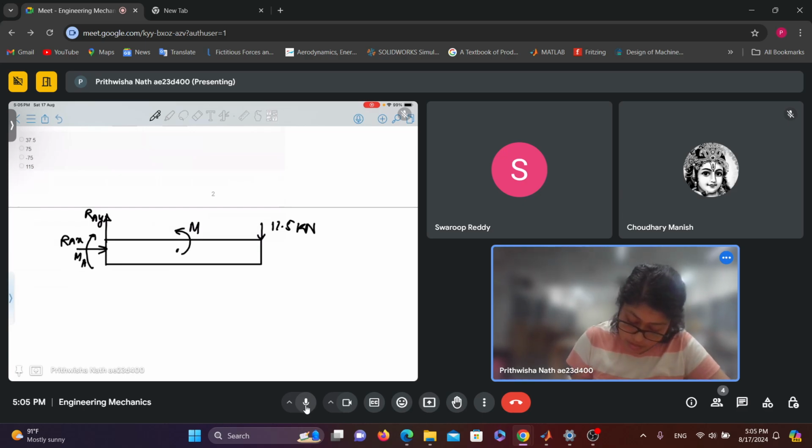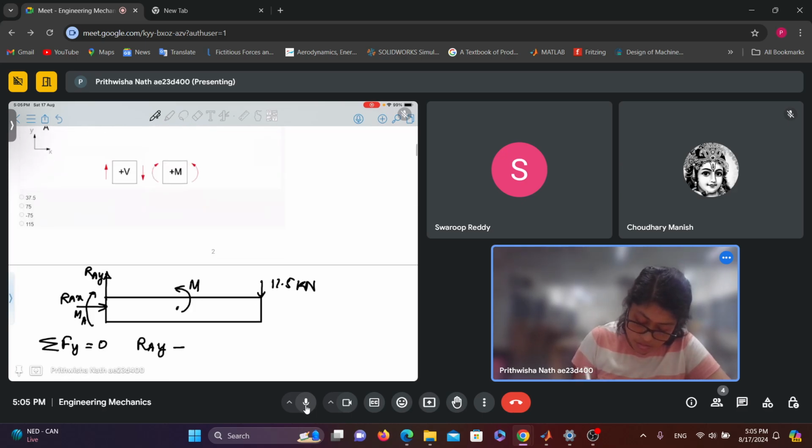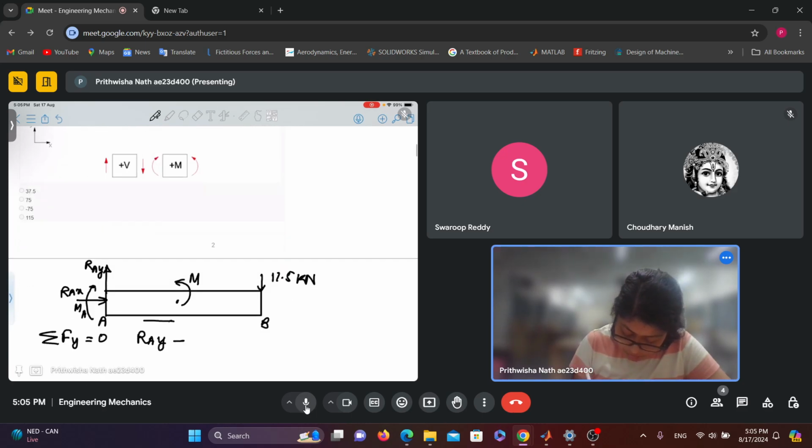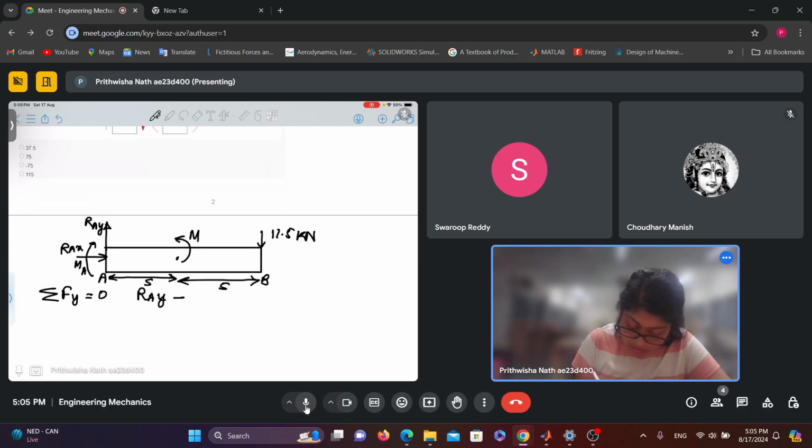Now for equilibrium in the vertical direction, Fy should equal 0. So RAY, this end is A, this is B. RAY minus 11.5, so RAY equals 11.5 kilonewton.